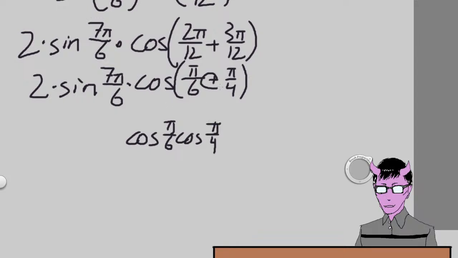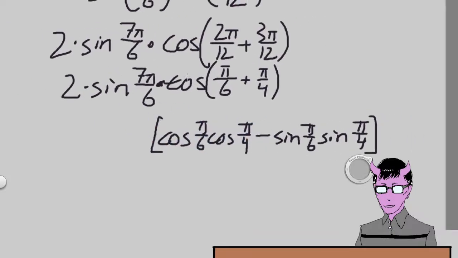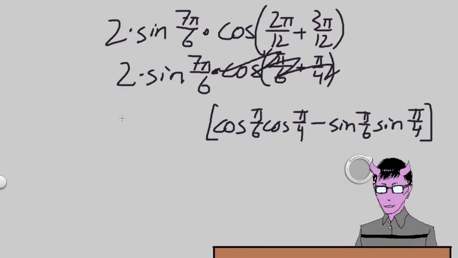Sine keeps the same sign, not the cosine, so it's minus. Since this is the minus and this is the multiplication, make sure to put the brackets. Okay. So we're done expanding that one, and now this one, copy paste.